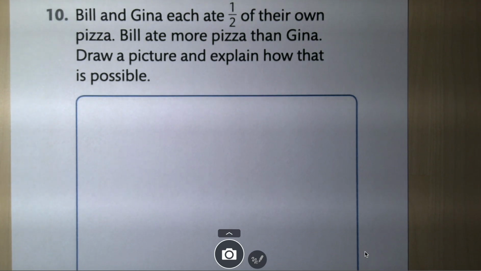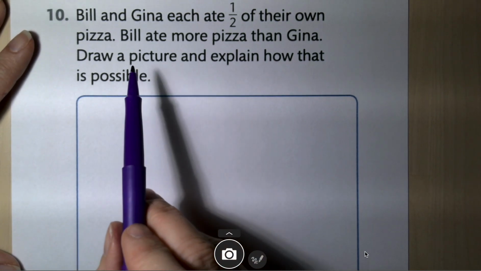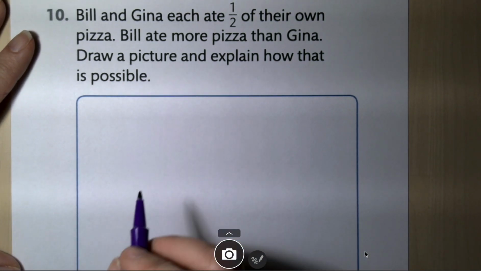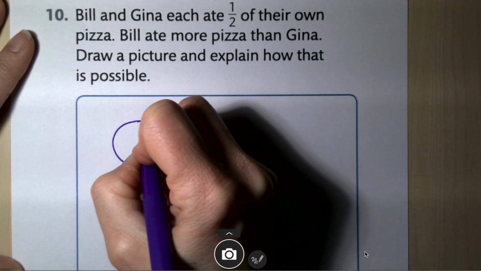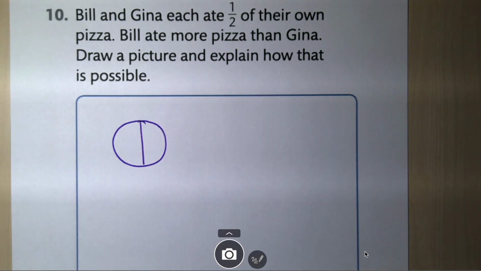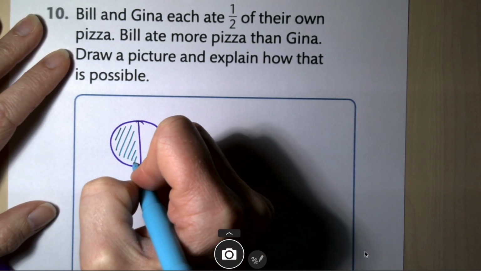So if I'm going to model this, it says Bill ate more pizza than Gina. So maybe this is the size of Bill's pizza, and it says he ate half of his pizza.